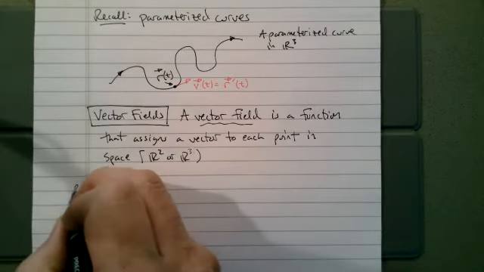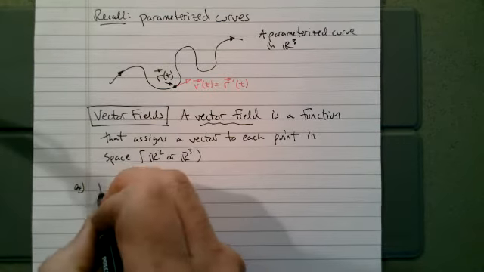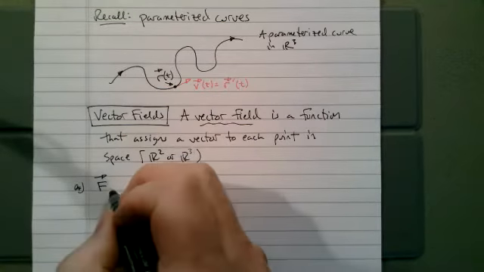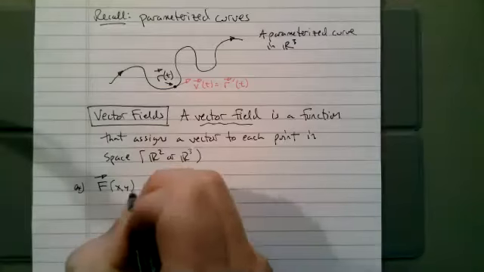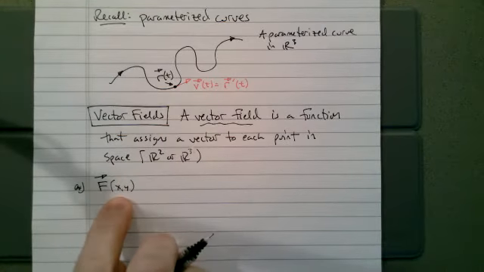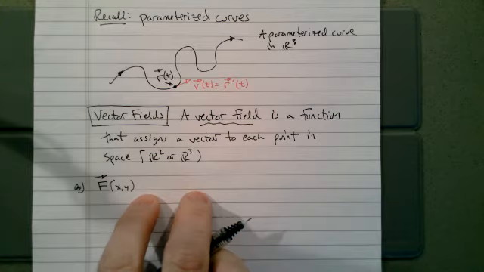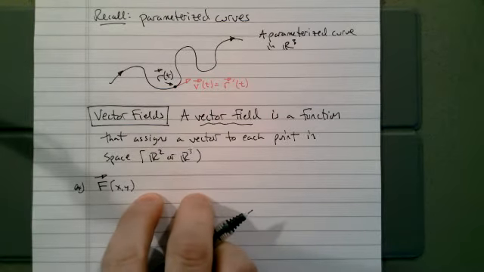For example, this book always uses capital F for its vector fields. So I'm going to name our function capital F, and I'm going to indicate that it's a vector field by saying this is a vector. But I'm still going to have inputs, say like x, y. So this function is assigning to each point x, y a vector. So the output needs to look like a vector.